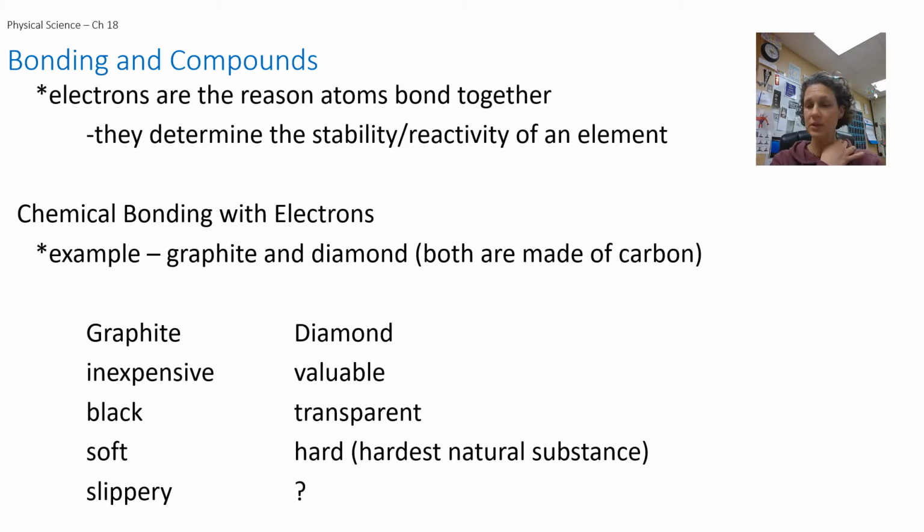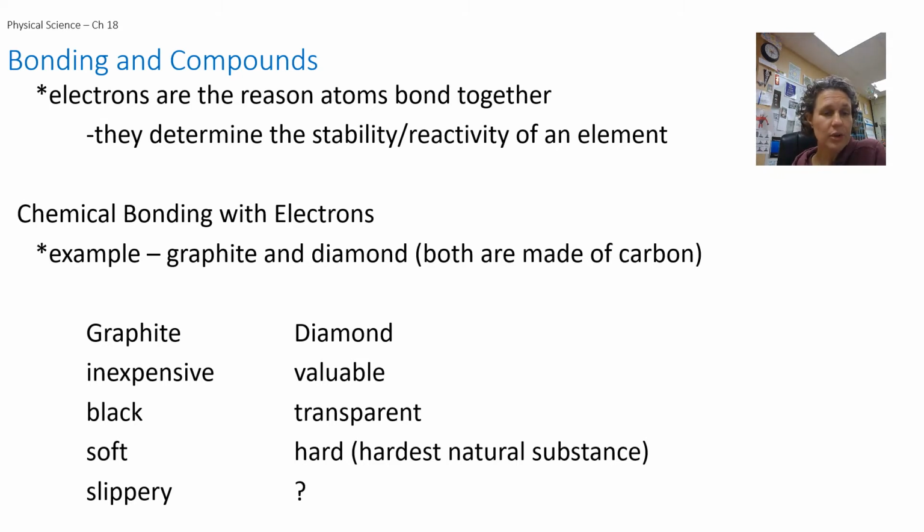Your book uses the example of graphite and diamond, which I think is awesome. Both of those are made of carbon. Remember, carbon is just plain old C on the periodic table. Depending on how they're arranged, you either get graphite, which is very inexpensive, black, soft, slippery, basically what your pencil lead is. Or if it's arranged just a little bit differently, you get a diamond.